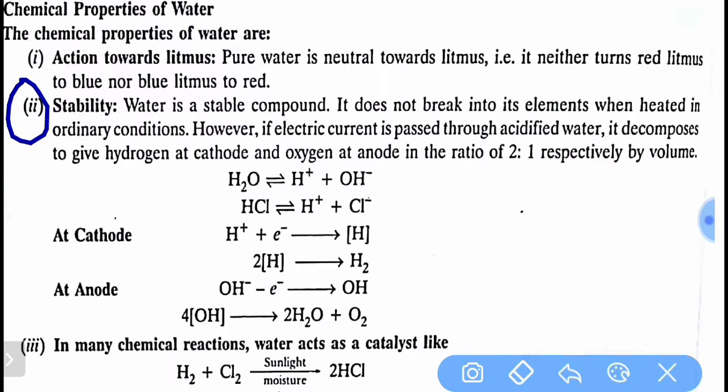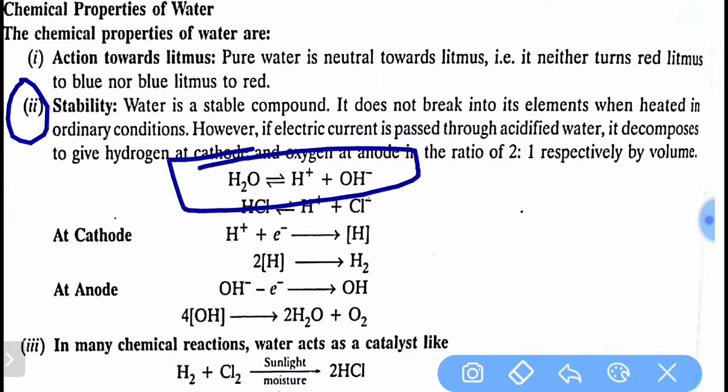So water in itself is stable. It does not break into its elements, but when we pass an electric current through acidified water, it means we have to add acid to it, it decomposes into hydrogen and hydroxyl ion.